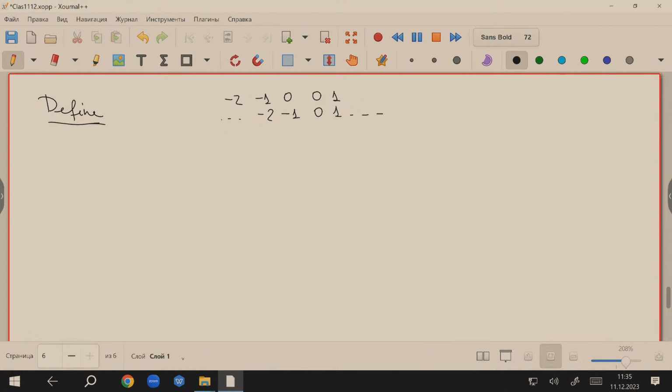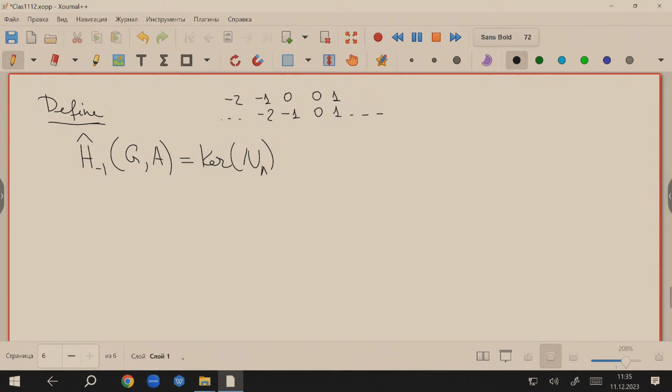You define this G_A as the kernel of N, which is just the kernel of N calculated.